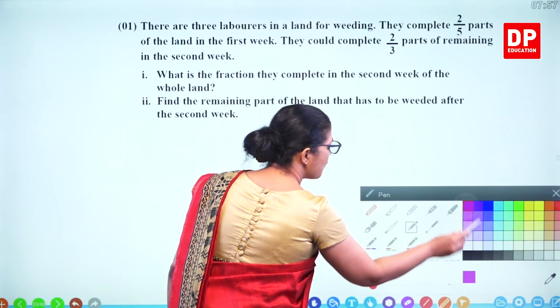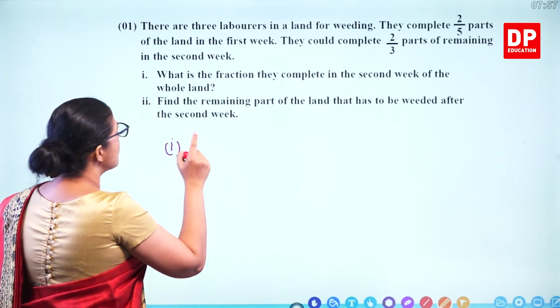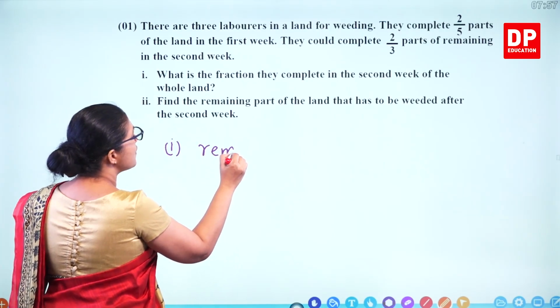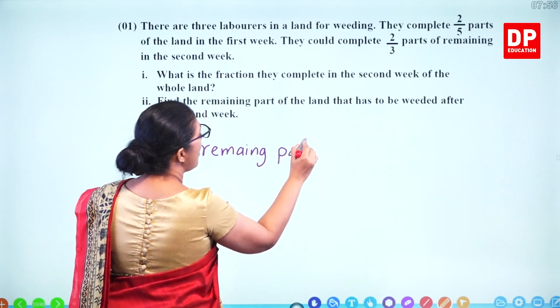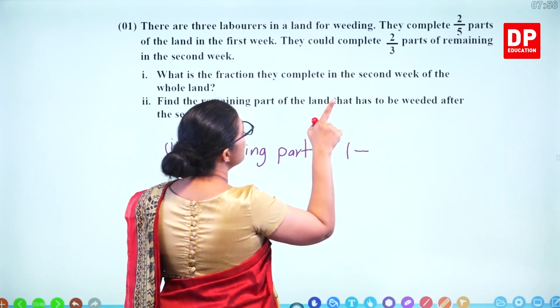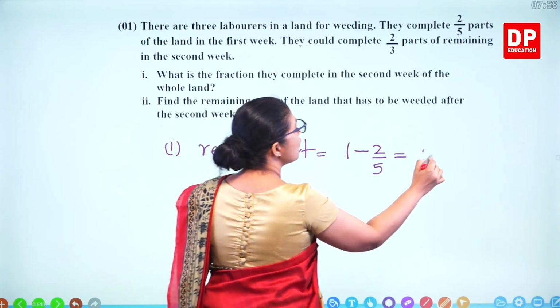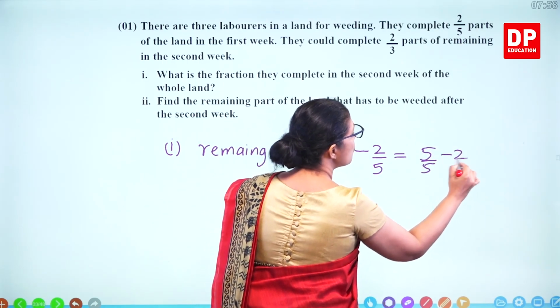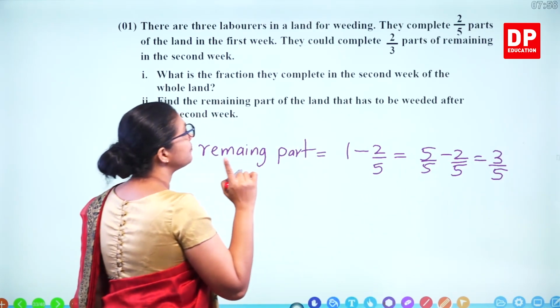So we have to find the remaining part first. The remaining part after the first week: the full part is 1. The first week completed 2/5, so this is 5/5 minus 2/5, that's 3/5.